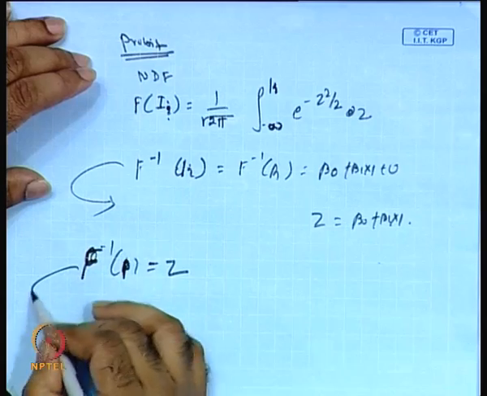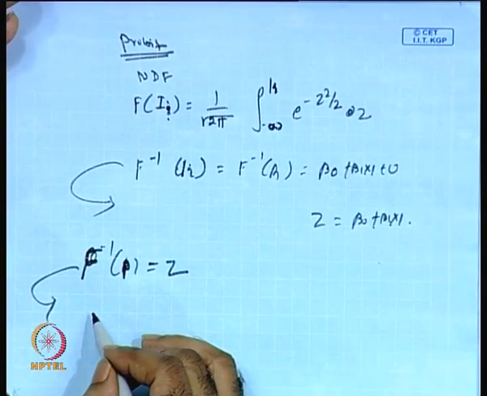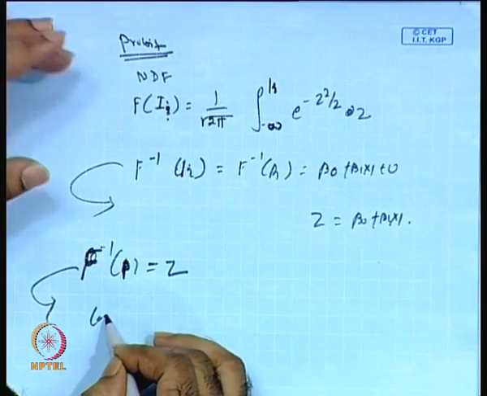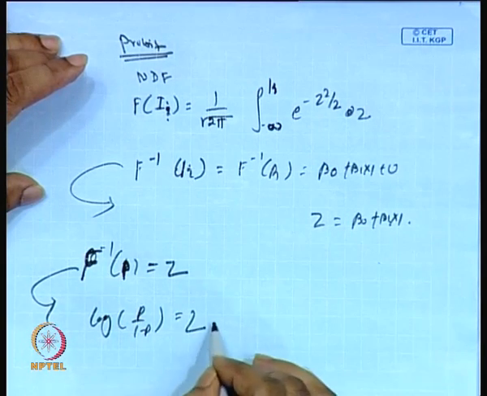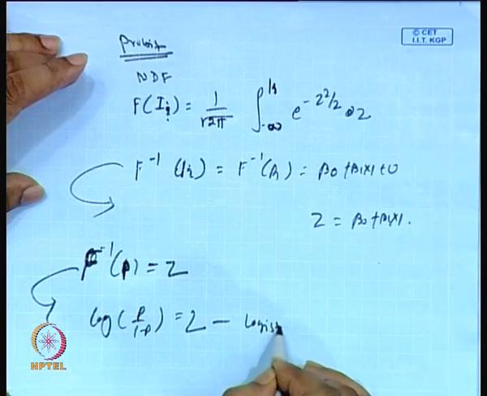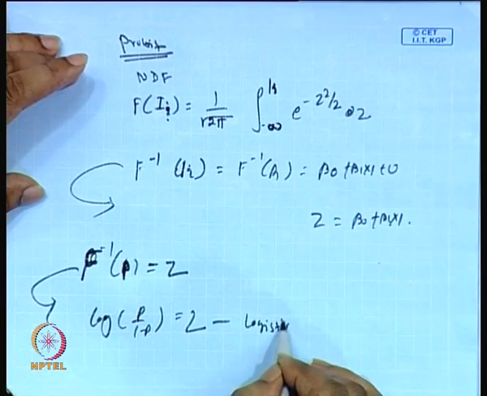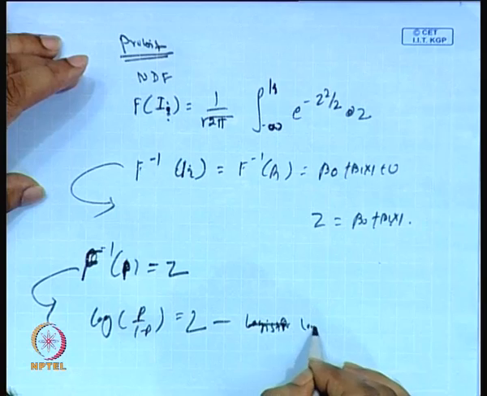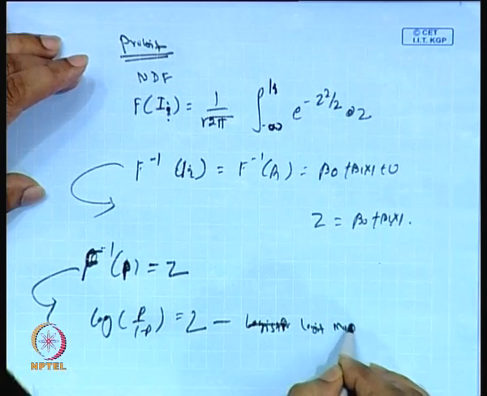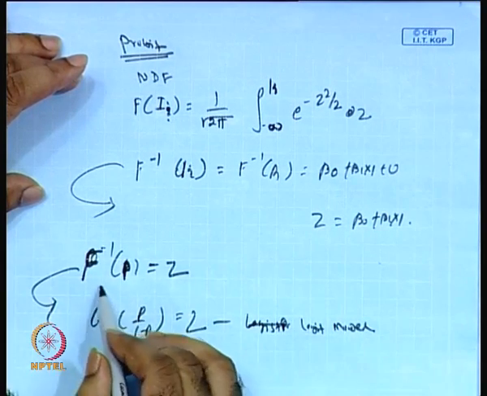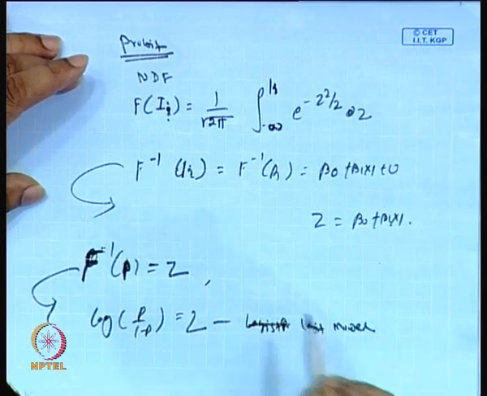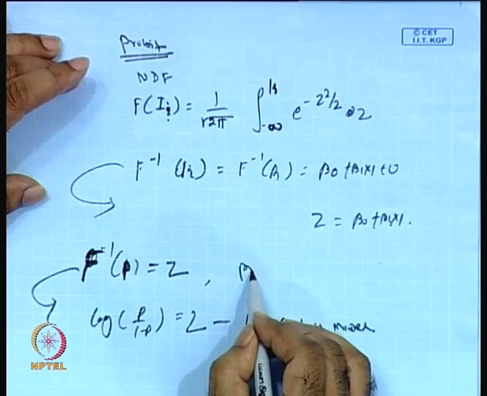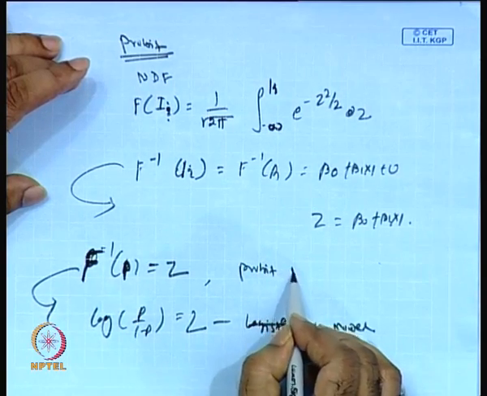Similarly, we calculate log of p by 1 minus p equal to z. This is the case of logistic models, called Logit models, which is derived from the logistic function in fact. And f inverse p equal to z is derived for Probit models.